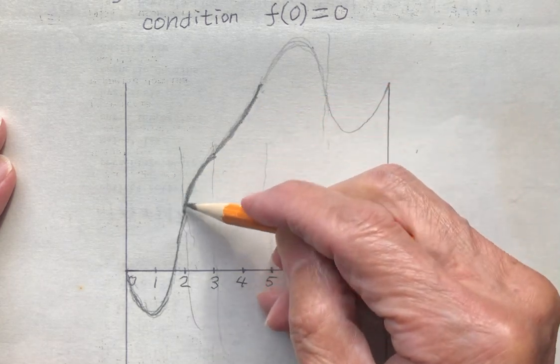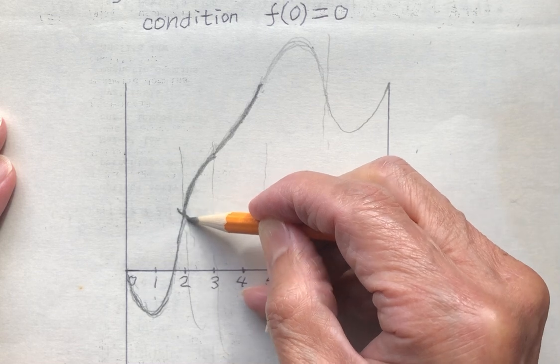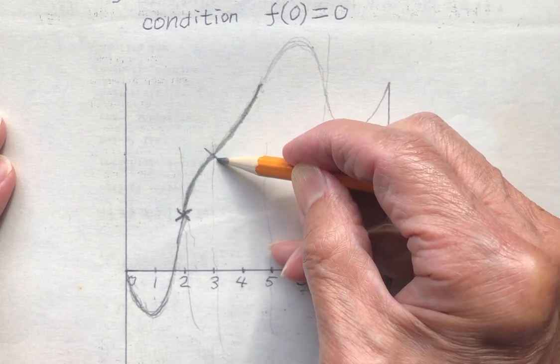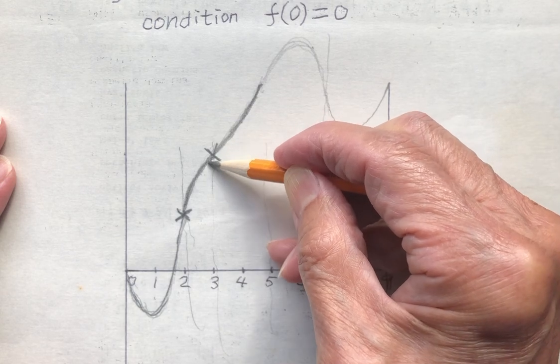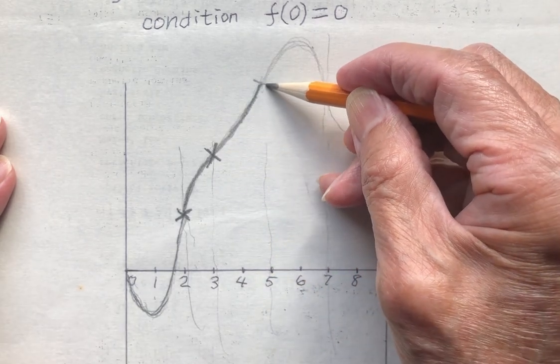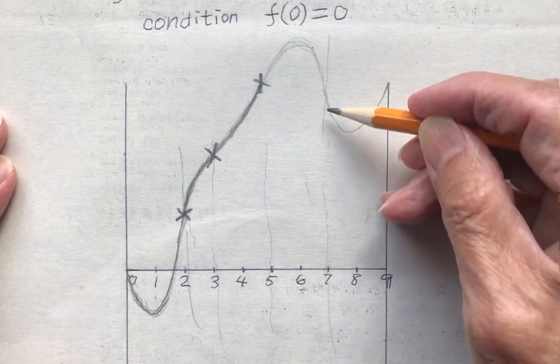This is concave up. So I have a point of inflection here. Another point of inflection here. And this is another point of inflection. Another point of inflection here.